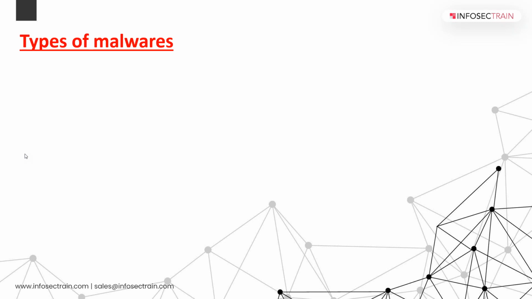Now what is the working of a virus? A virus cannot replicate in a network. It replicates only within a system. What if my system has been affected with a virus and there are 10 other systems connected to the same network? This virus will never travel through the network.